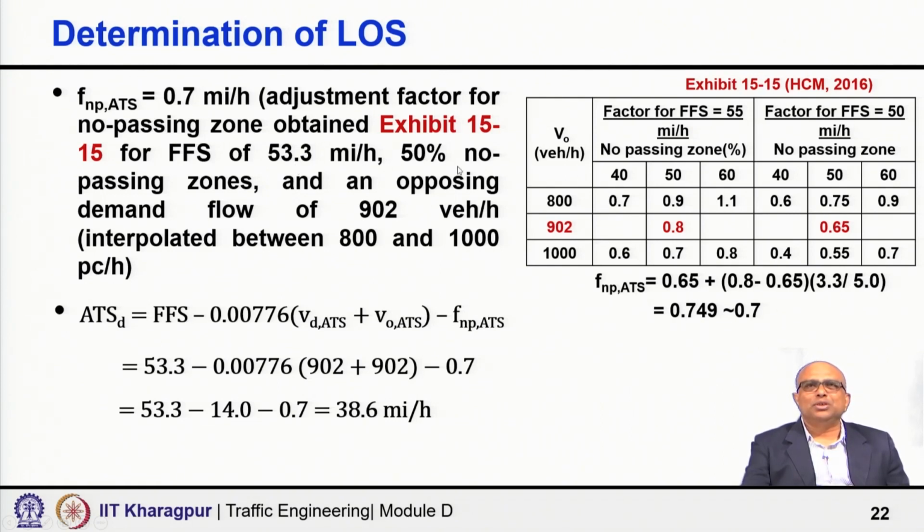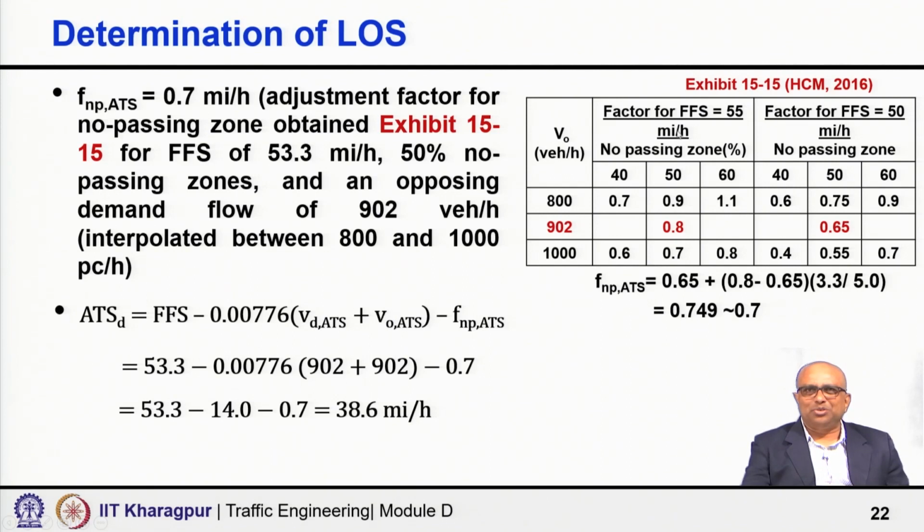Similarly, for no passing zone 50%, we can get it directly. The flow value of 902 is not given. We know the flow values are given as 800, 900 and then 1000, so we can interpolate again to get the value for 902.